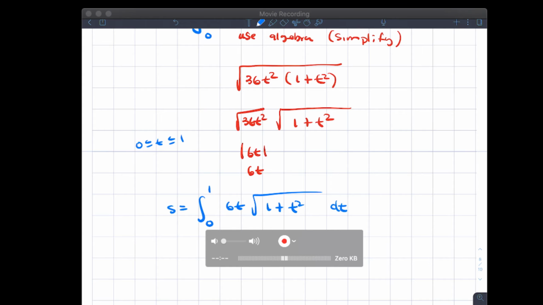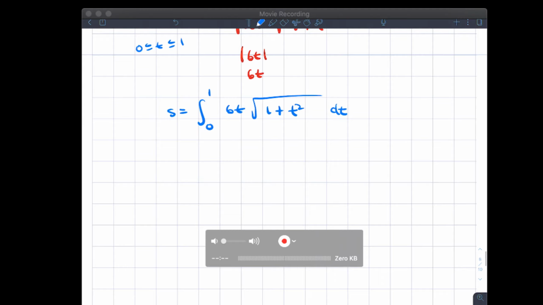So then the question now will become, what do you do? And I say, use substitution. In this case, u is 1 plus t squared, and you say du/dt is 2t, or we can say dt becomes du over 2t.